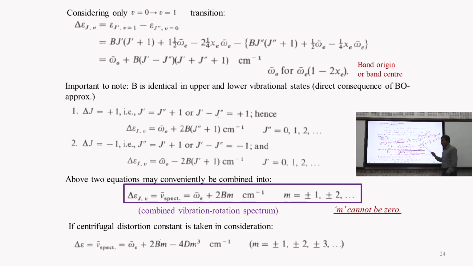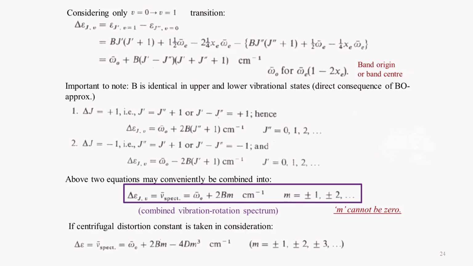If m cannot be 0, then in this expression omega 0 plus 2Bm, the 2B will always be there. You will not have any situation where you will see the center of the band. The center of the band comes at omega 0. Always you will have either 2B plus or 2B minus, because m is not 0.